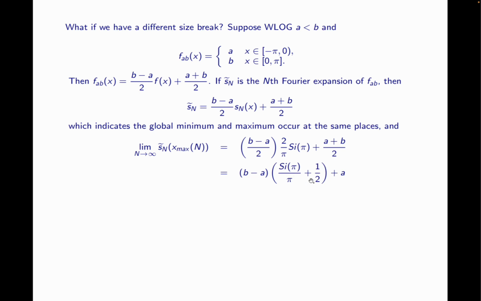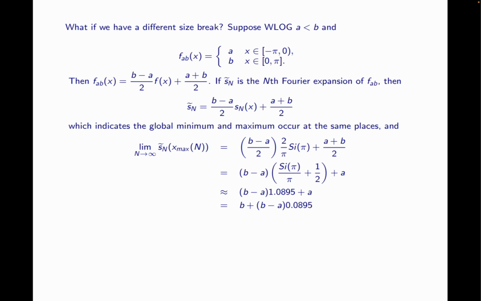But if it's bigger than 1, I get bigger than b, and in fact, this value here is bigger than 1. It's about 1.0895. In fact, if I rearrange this, I see that this is b plus the jump size times about 9%.